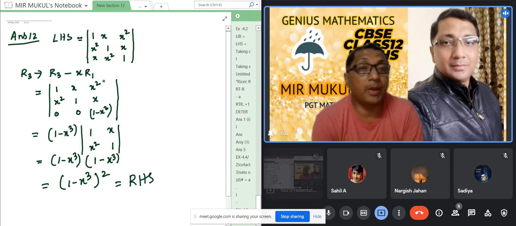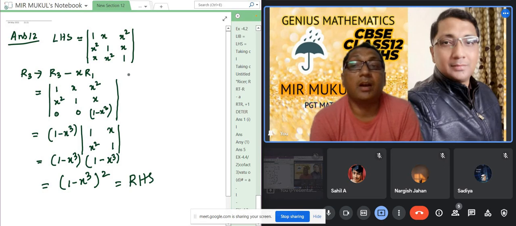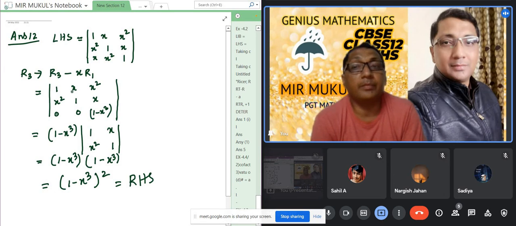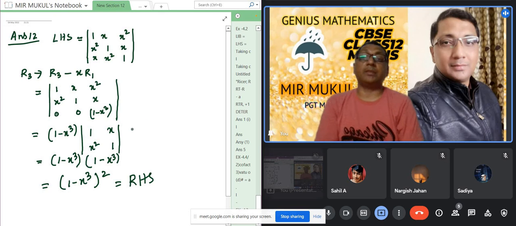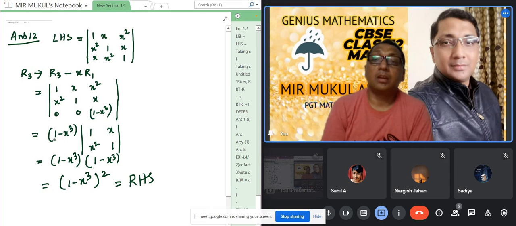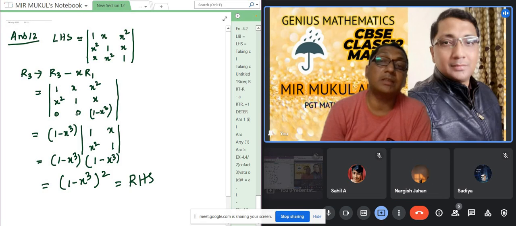Now in 4.4 you will know about this. Using any row or any column we can expand a determinant. So here we are using the third row since these two elements are 0. Understood, Nargis? Okay, sir. Because these two elements are 0, that's why we are taking the third row.